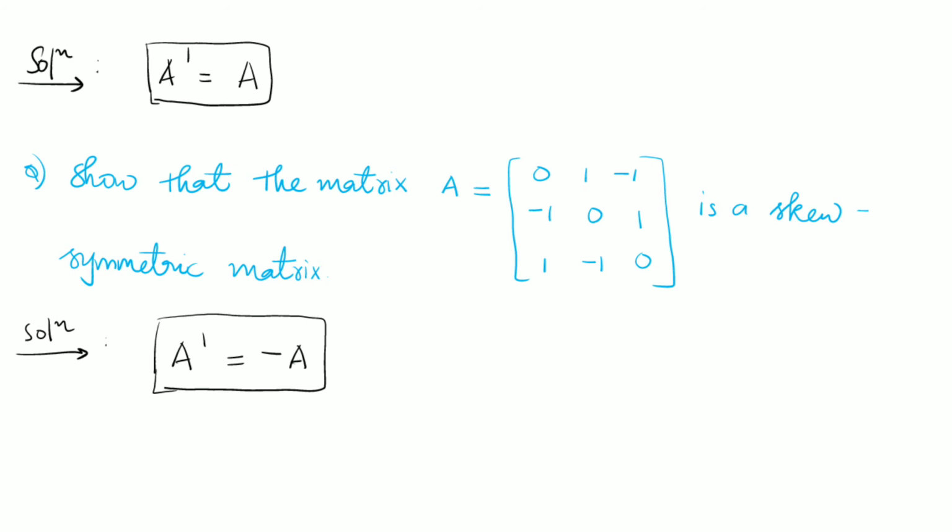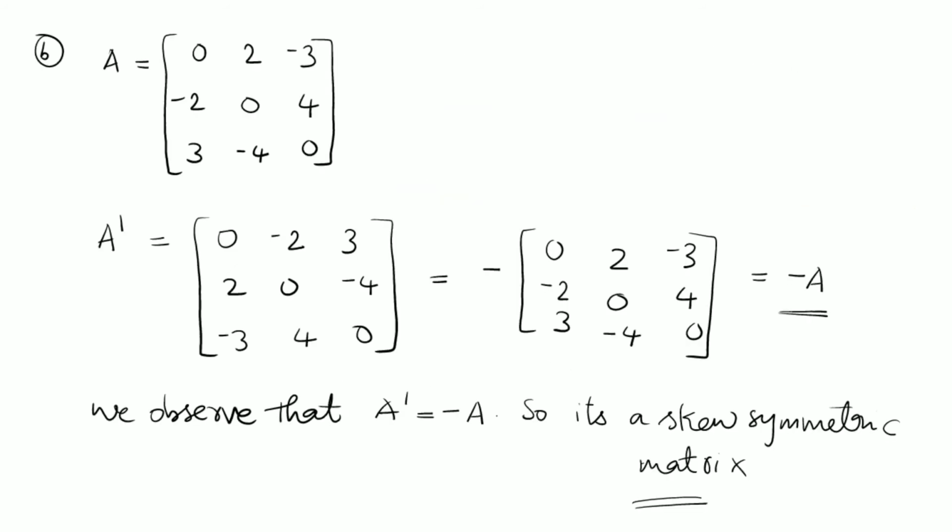Similarly, for the next question, you are given a matrix A and you should show that it is a skew symmetric matrix. Here also I have written the formula A dash is equal to minus A. So here in this slide I have shown how to find a skew symmetric matrix.